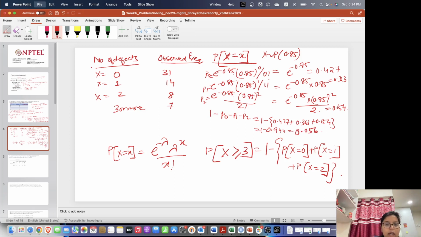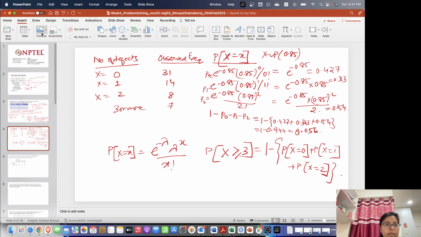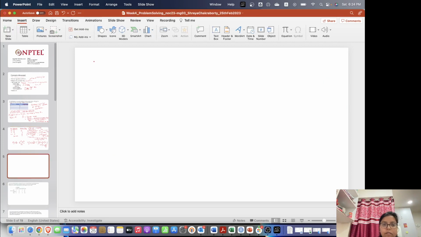So now we have a revised table. Number of defects: this one was 0, 1, 2, 3 or more. Observed values were 31, 14, 8, 7.